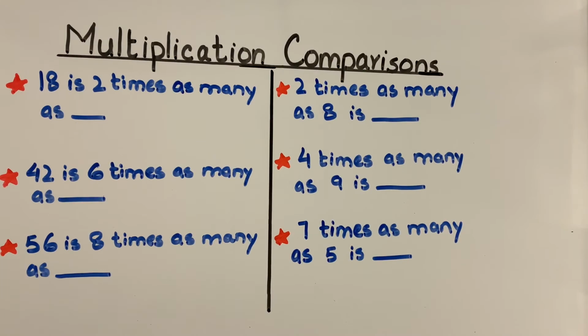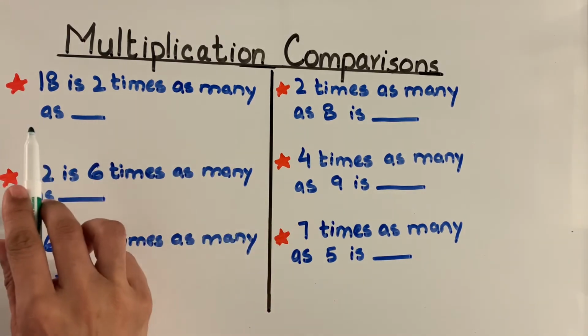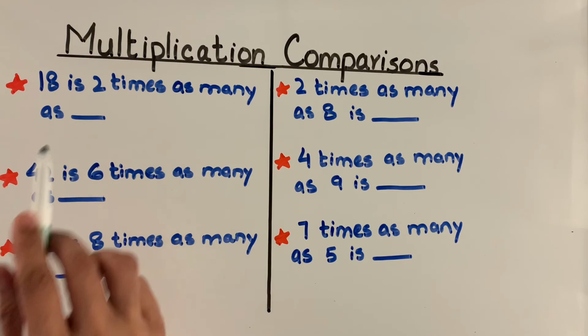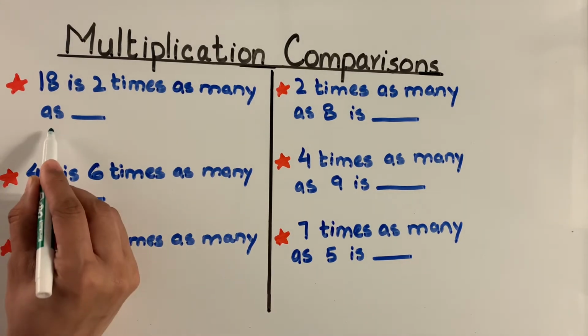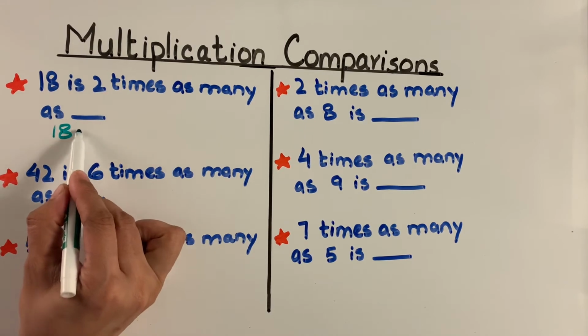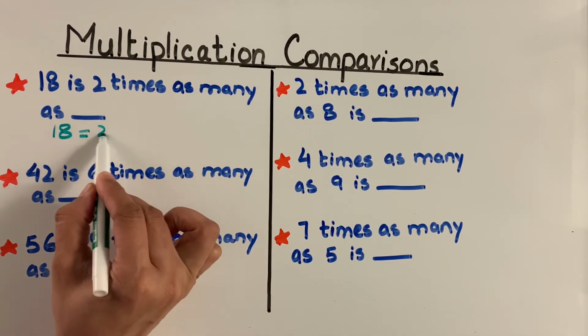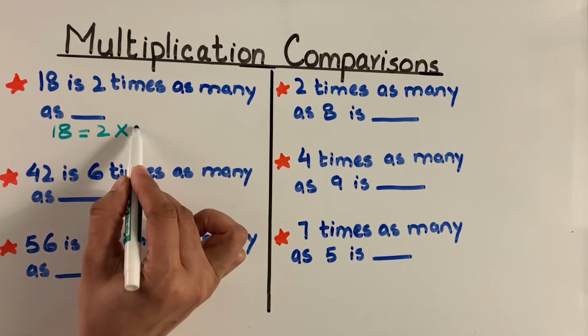Let's interpret some statements to understand more about multiplication comparison. First, we have 18 is 2 times as many as blank. Let's write it here. 18 equals 2 times as many as blank.